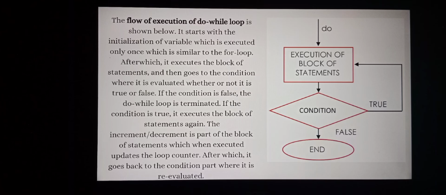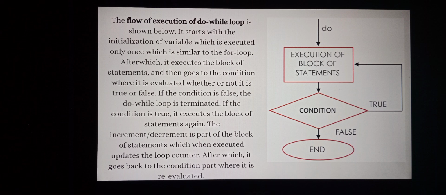The flow of execution of the do-while loop is shown below. It starts with initialization of the variable, which is executed only once, similar to the for loop. After which, it executes the block of statement and then goes to the condition, where it evaluates whether it is true or false.